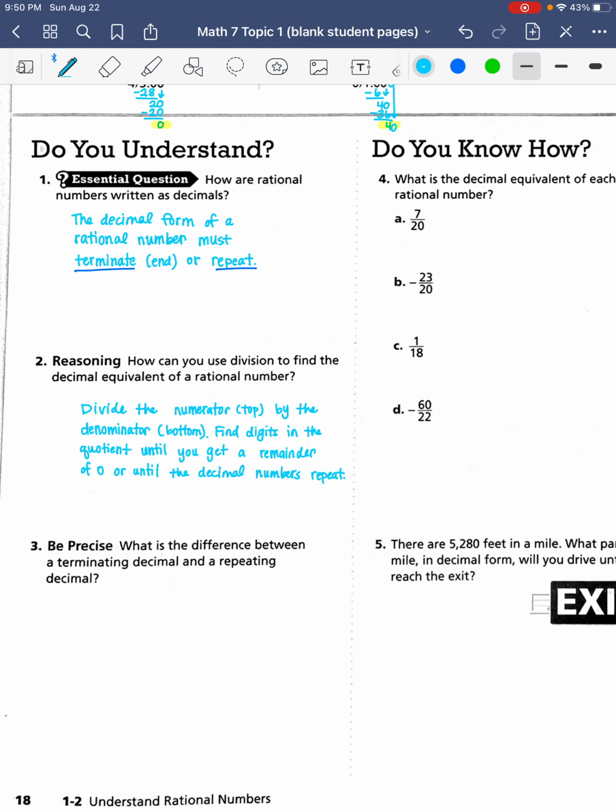Okay, so divide the numerator by the denominator, find digits in the quotient until you get a remainder of 0 or until the decimal numbers repeat.